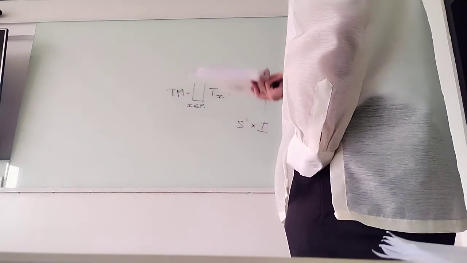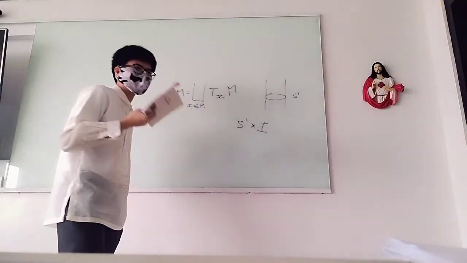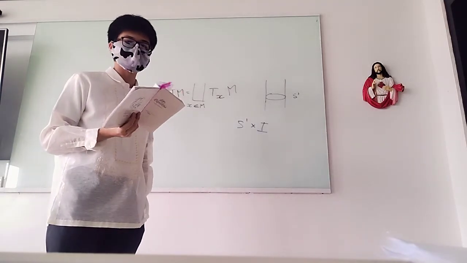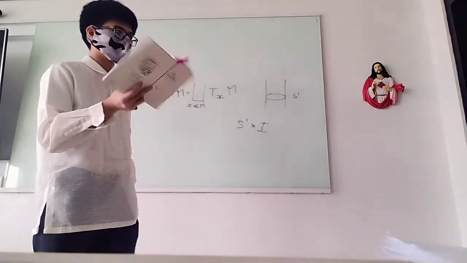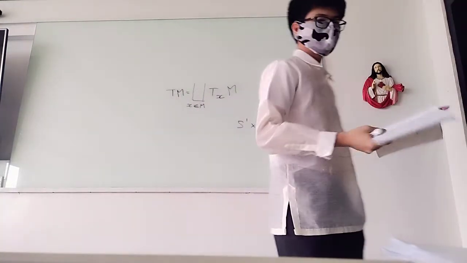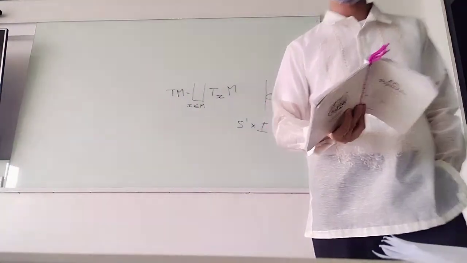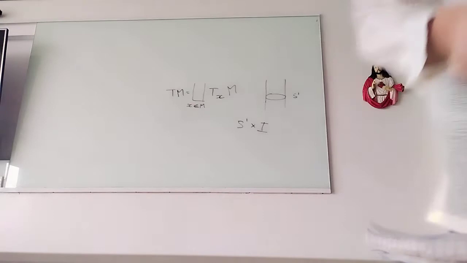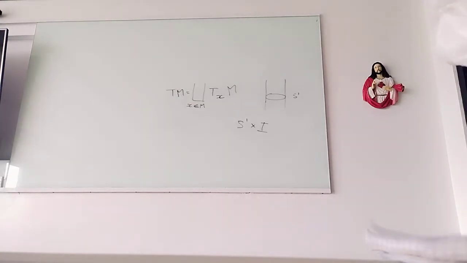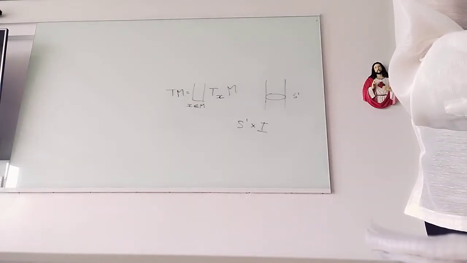Now, we can construct some femboy tangent space by taking all possible tangent vectors, or tangent femboys, at a point, on the derivative of the function or the curve in that Fm.